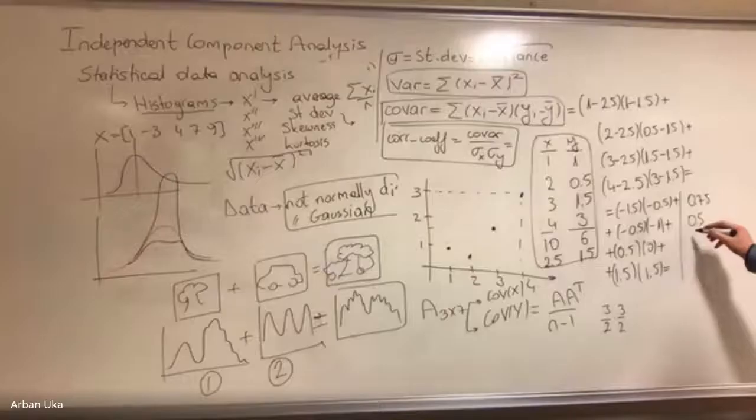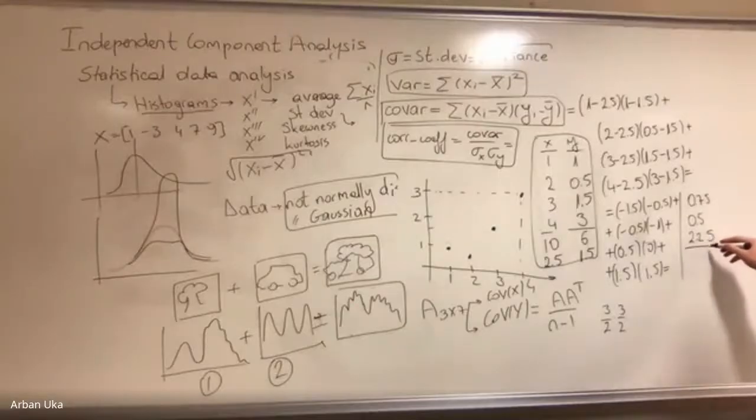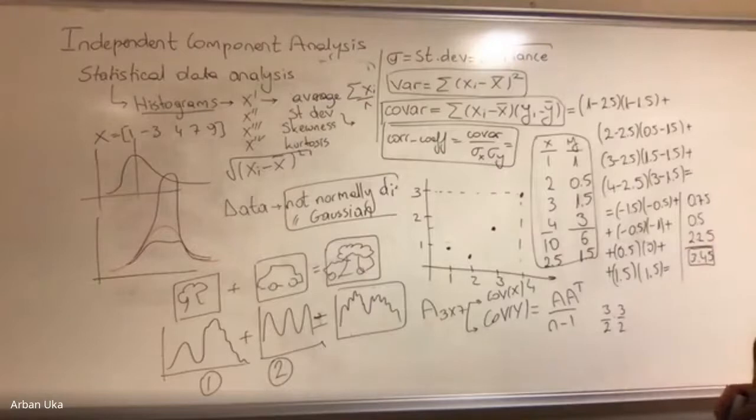What is this? 2.25. You mean this one? Yes. Okay, and the total number looks like we get 3.45, okay. So we get 3.45 here.